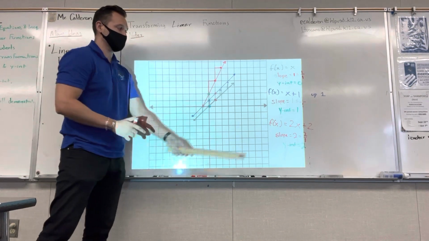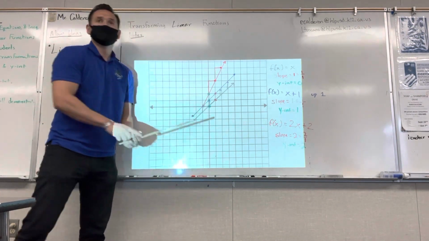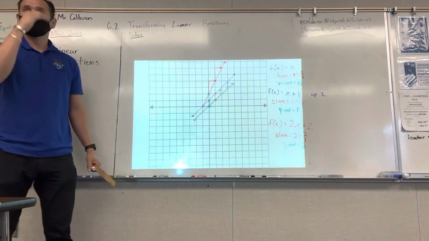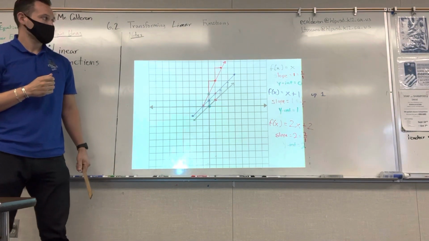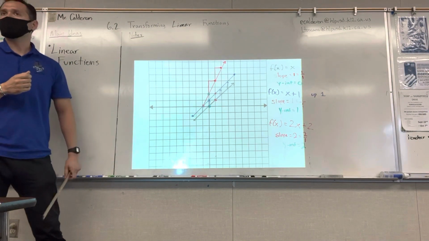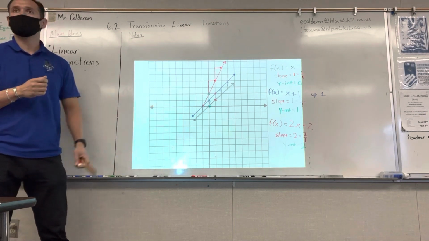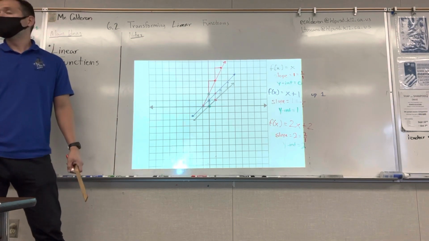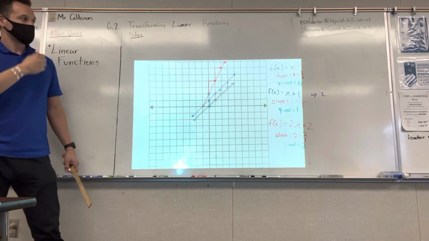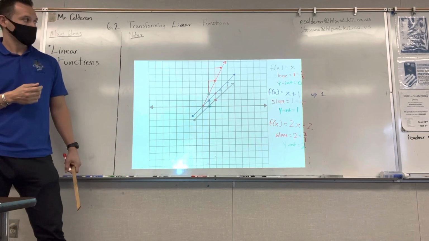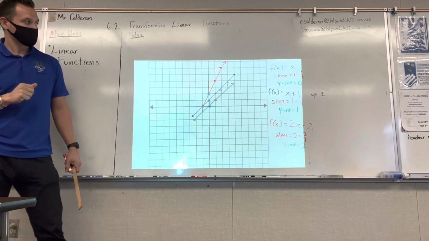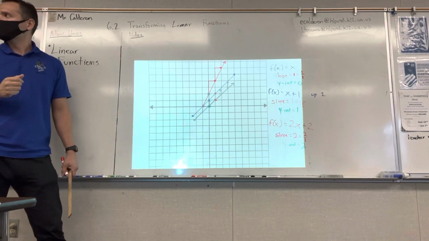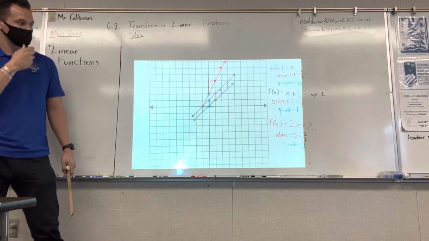But the key thing here is understanding that that too changes the angle of that line. Okay? What does it make the line more? Yeah, the steeper, right? It inclines a little more. Anything else, Mr. Calderon? That's pretty much it, yeah.